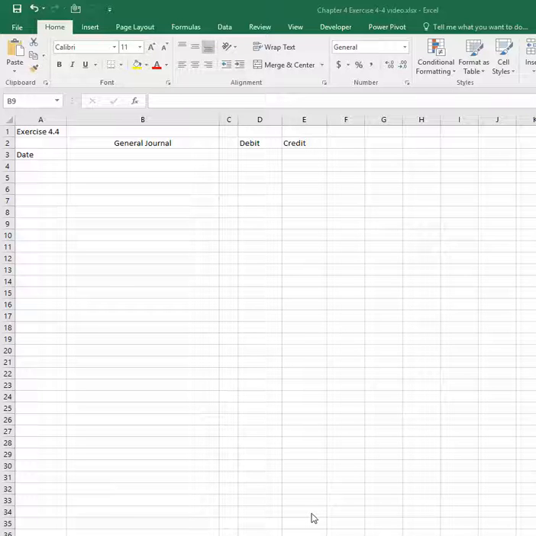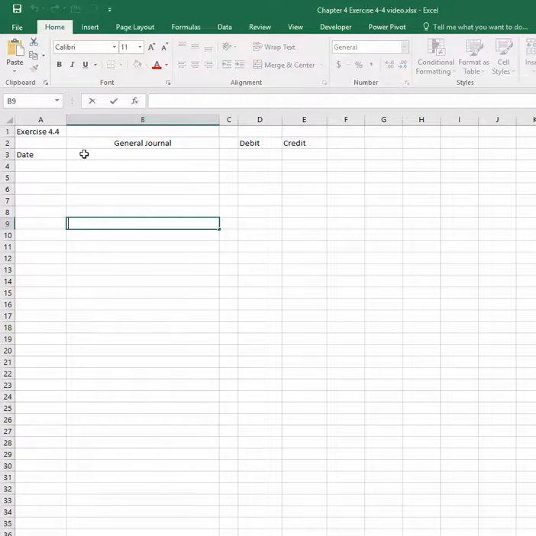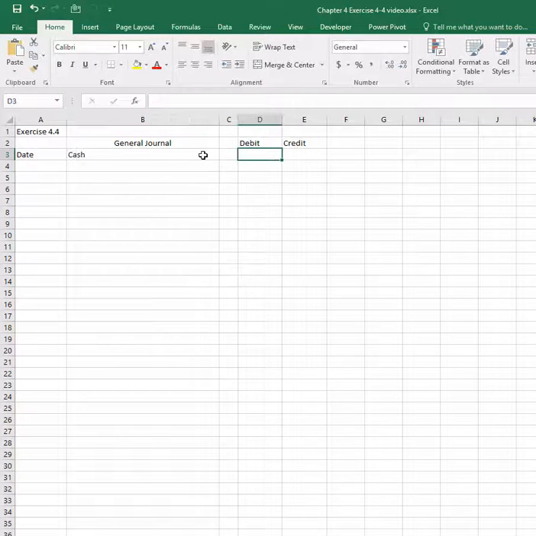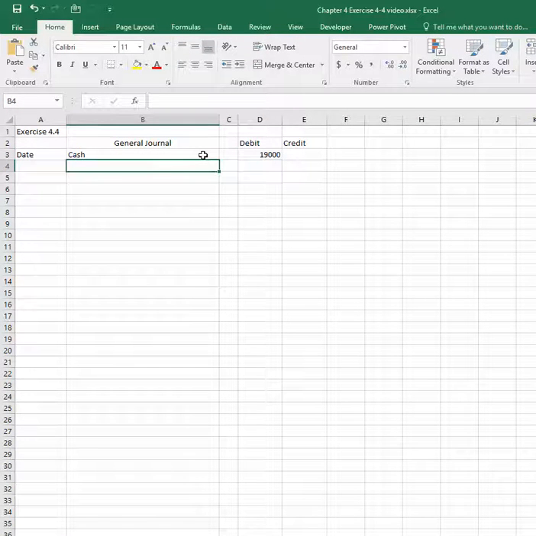We have to put the debits first and then the credit second. We know the credit's going to be fees income, so we'll wait on that one. So first, we know that we did receive cash, and that was for $19,000. And the balance will be paid later in 60 days, so that will be accounts receivable.